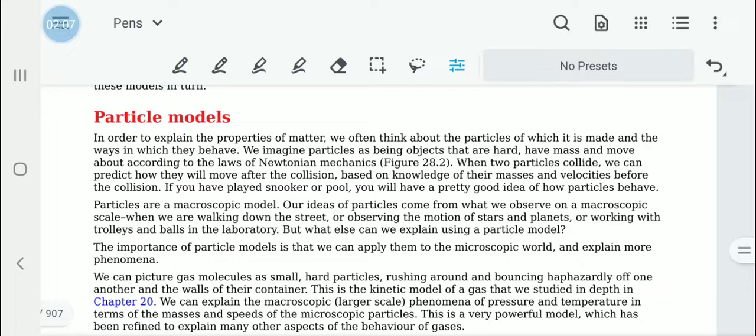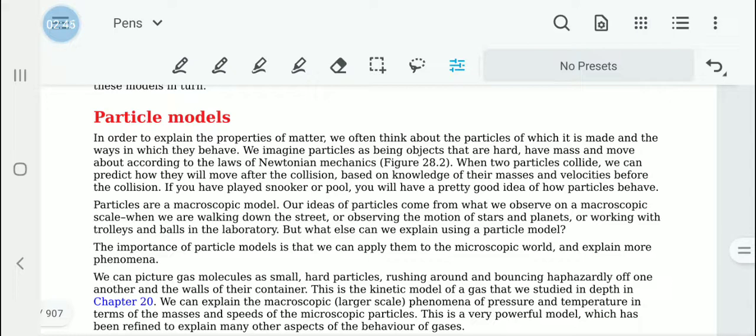We know that when two particles collide, they will have elastic or inelastic collisions, and based on their masses and how much velocity they have, we can understand how they would behave. For example, when you play snooker or pool, or even carom, you can understand how particles behave. So we say that they are a macroscopic model, that means from what we can observe.